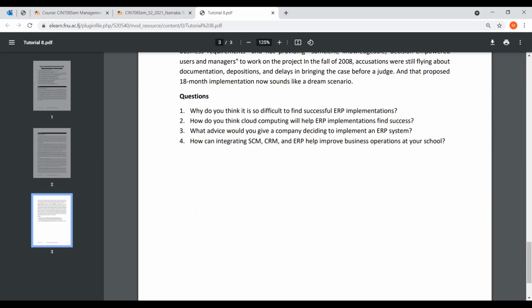So let's write down a few answers. I've got some simple answers. Why is it so difficult? Please write this down. ERP implementation in general is massive. Full stop.